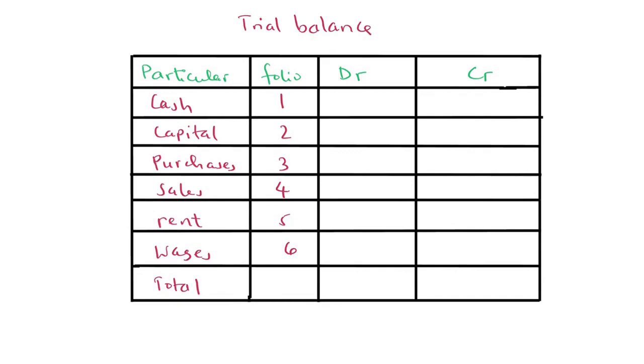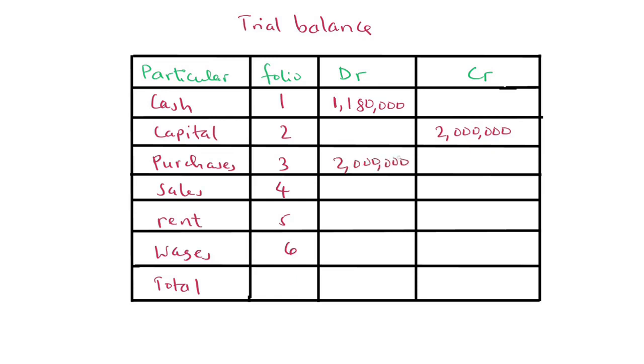So taking from the cash account, the first one is cash account itself with a debit balance of 1,180,000. The next is capital account with 2 million. The next is purchases account with a debit balance of 2 million.